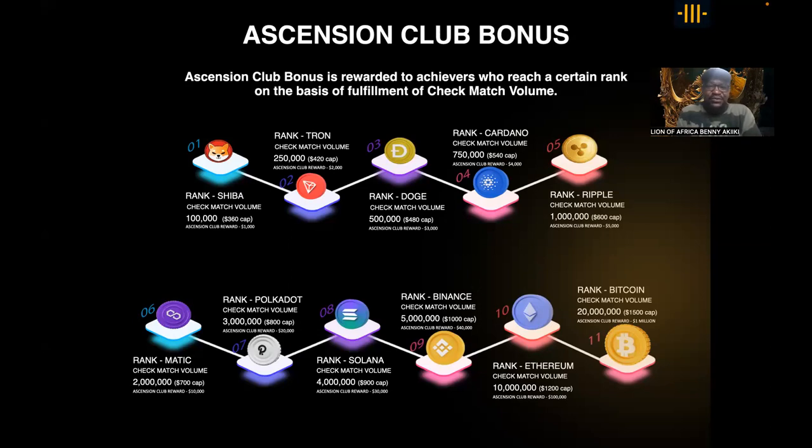So do you think $40,000 is too much? Picking from 10 million worth of sales? It's not. Just imagine. I want you to look at that. Now you go ahead and hit the rank of Ethereum with 10 million left and right, and your binary is almost being hit full. 1,200 is what you are given per day in terms of binary cap, and $100,000 appreciation is a one-off.